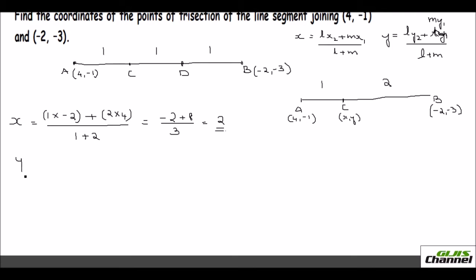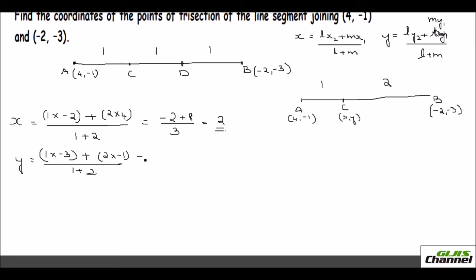Now your y would be, the same way, l, which is 1, times y2, which is -3, plus m, which is 2, times y1, which is -1, divided by 1 plus 2.